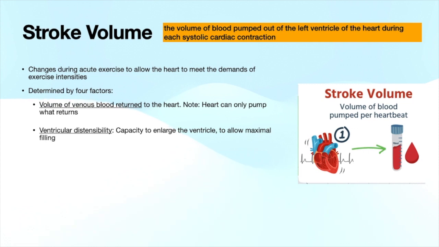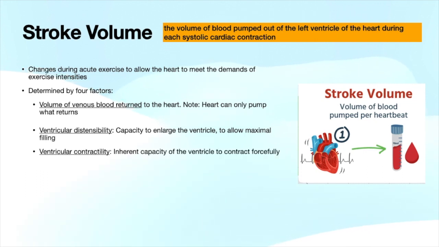Now, the next two characteristics influence the ventricle's ability to empty during systole, and I will discuss that now. First one is ventricular contractility. It's the inherent capacity of the ventricle to contract more forcefully.